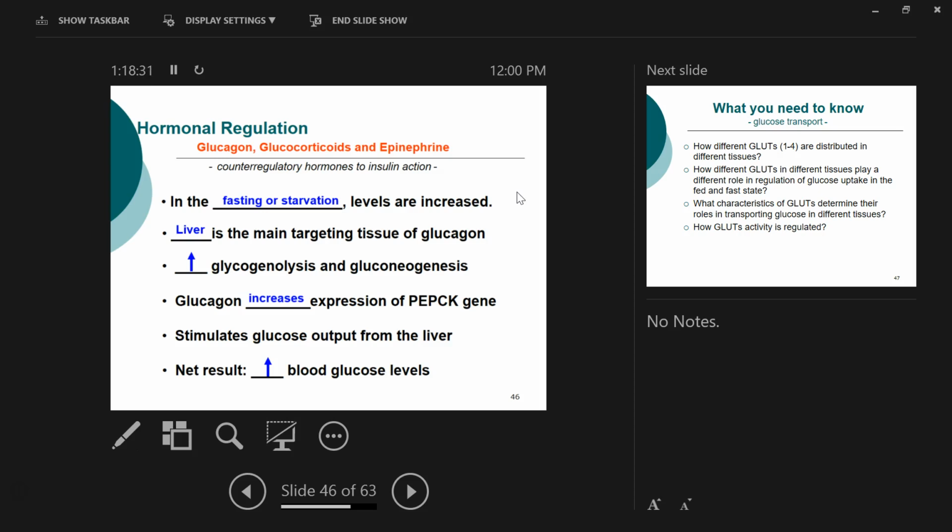Because of these very important hormones that change during the fed and fasting conditions, which then regulate all these key enzymes in the metabolic pathways: glycolysis, gluconeogenesis, glycogen synthesis, glycogen breakdown, and so change the blood glucose level, right? And of course, it also involves the glucose transporter, right? Insulin also regulates GLUT4, right?